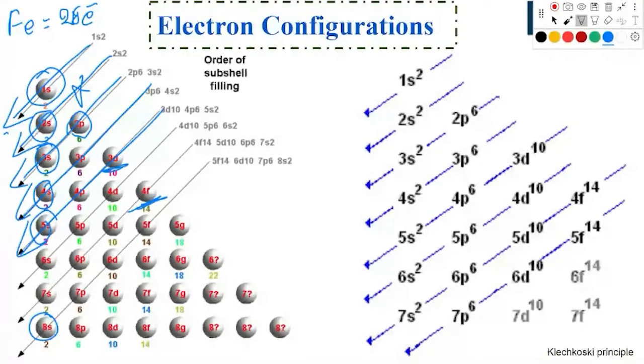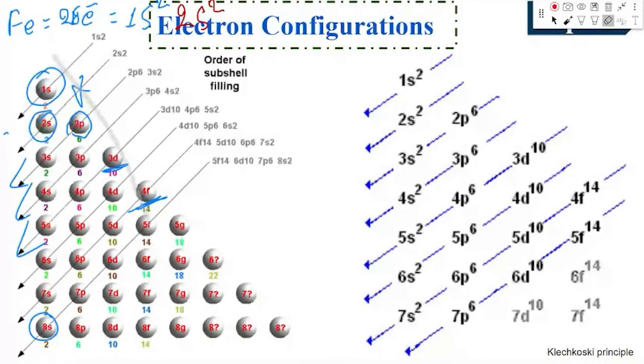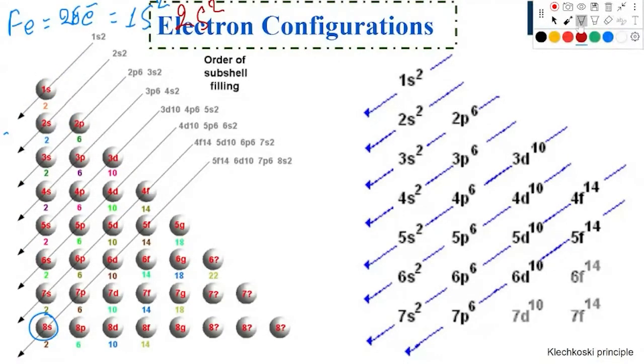Okay, so in shell S we have 1s2, and then 2s2, and then it goes. Let me clear this, then you can see. Then you go to 2p6.